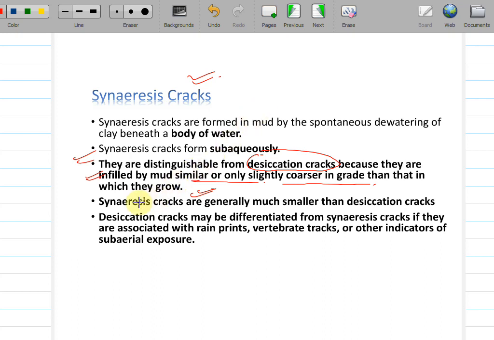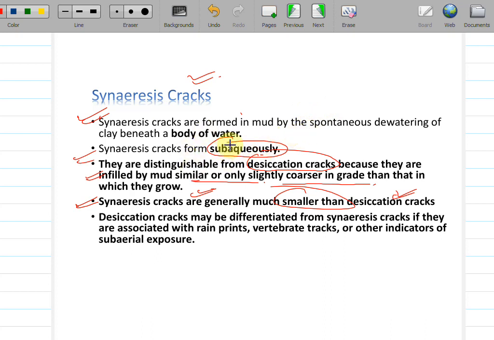Okay, and they are smaller than the desiccation cracks or mud cracks, and they form subaqueously. ठीक है, तो पानी के अंदर ये फॉर्म होते हैं, not above the water. This you have to remember. Okay, so they form subaqueously.